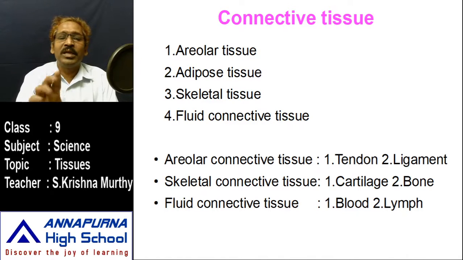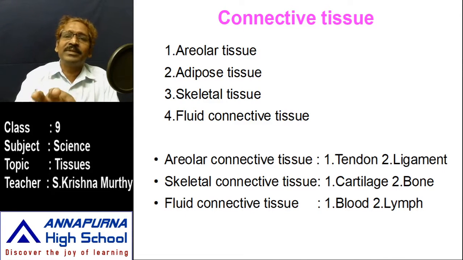So they are connective tissues such as cartilage. And another one is bone, which we know very well, whether in an exoskeleton or endoskeleton. The human body has an endoskeleton, and most animals contain an endoskeleton, but some animals have an exoskeleton. Later we will discuss that.